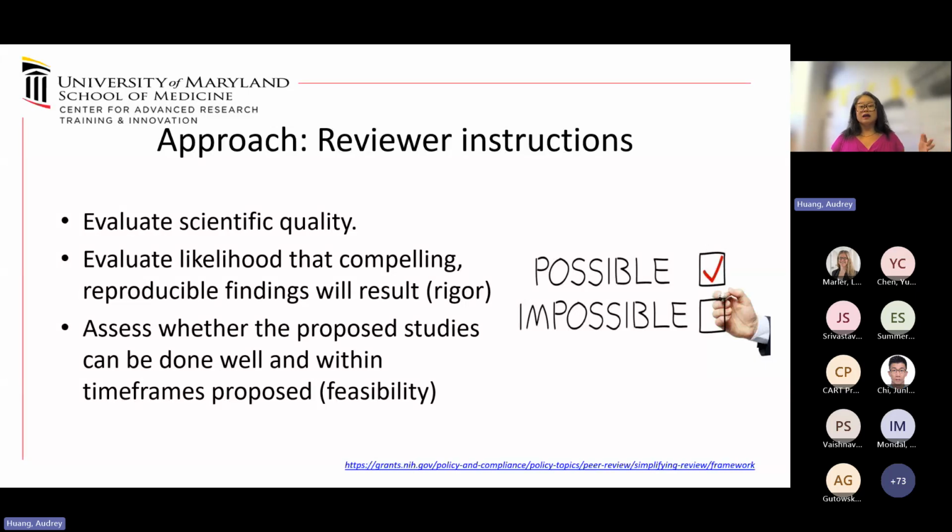Again, getting back to the length of the funding cycle. Is it possible? Or is it not possible? Or do they have questions about it? If you're writing in a way where people are like, I don't know, they're going to run into some problems. It might take longer just to figure out the technology or the approach or the proof of principle. That's going to get you an impossible check on this, and you're not going to score very high.